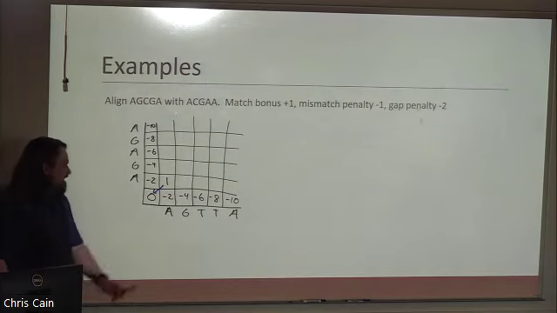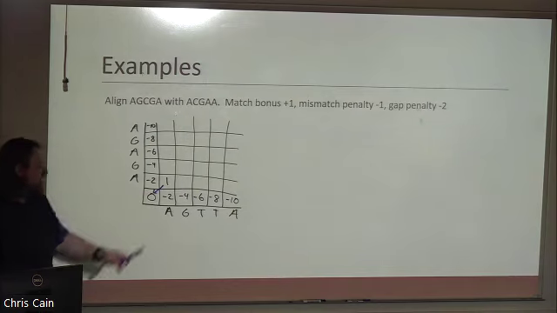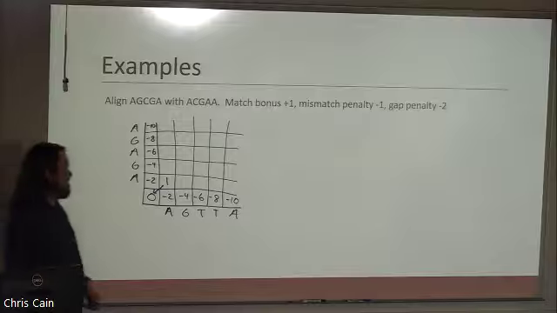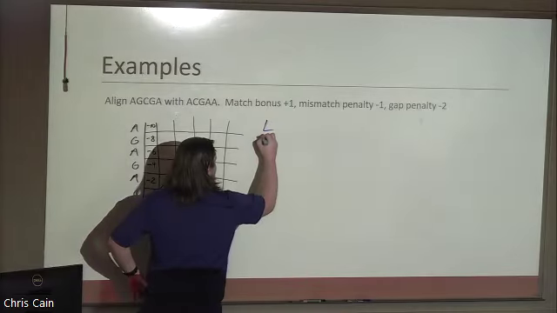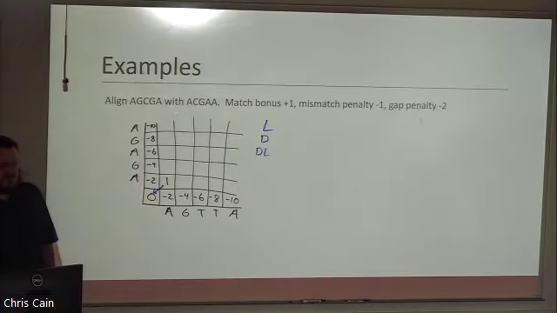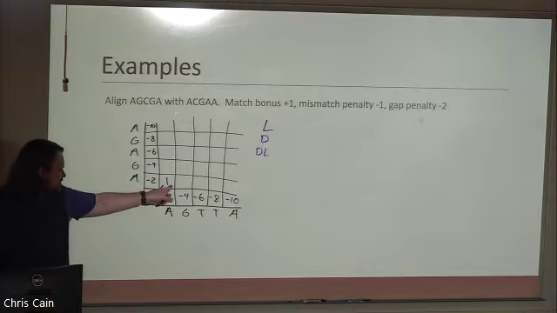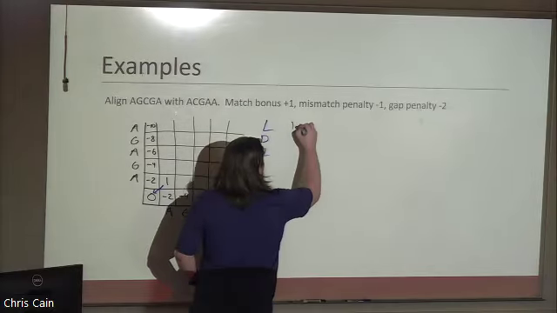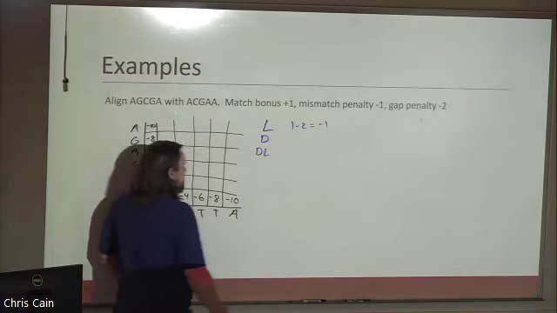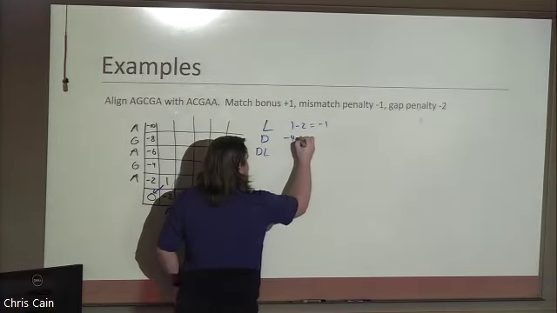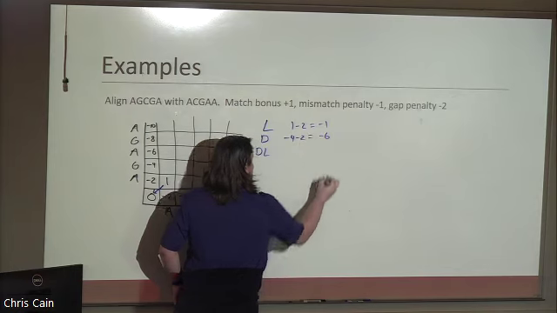All right, for the next cell, how do we calculate the value that goes here? We have those same 3 options. We have the left, we have the down, and we have the down left. From the left, what's our value? 1. We have 1, and then we're going to take a gap penalty from there. So 1 minus 2 is -1. From the down, we have -4, -2, -6.